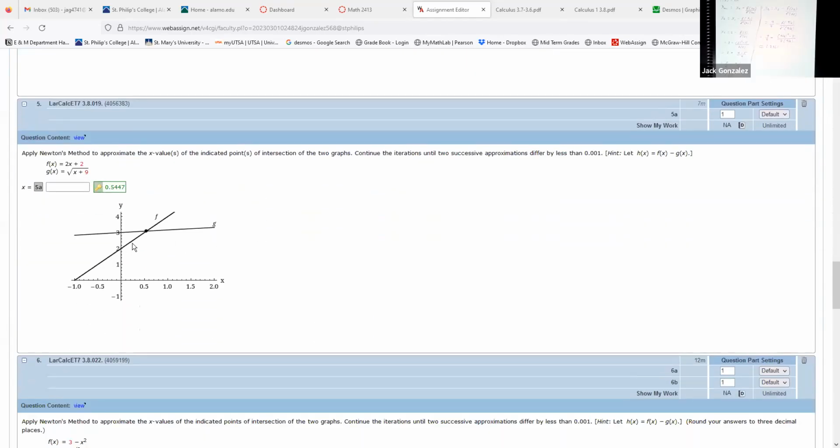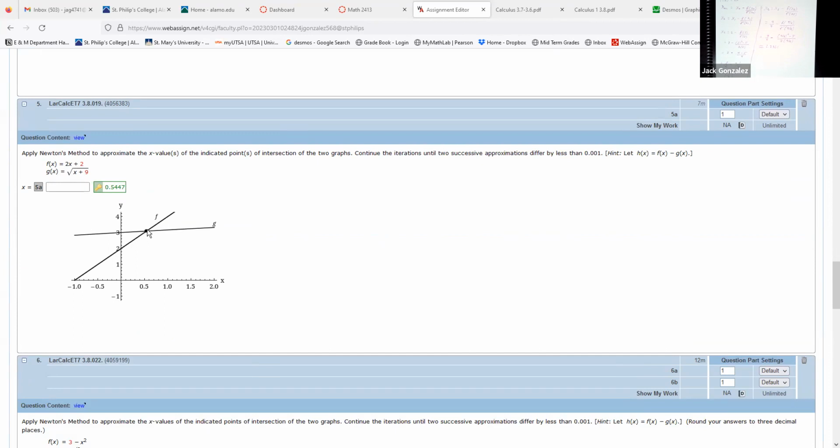And here it's the same thing, except they're rigging the question into having us find an intersection point instead of a 0. So they say, if I set these two equal to each other, that would be an intersection, right?